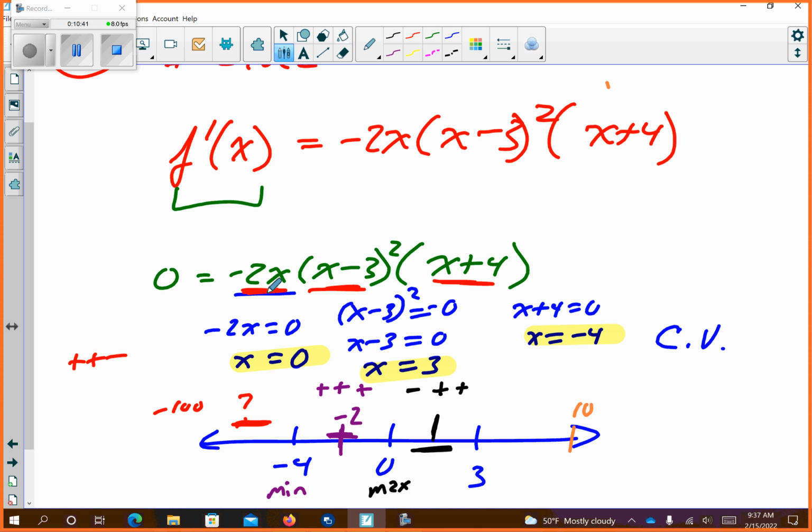So negative 2 times positive 10 is negative. 10 minus 3 is 7. 7 squared is a positive number. 10 plus 4 is a positive number. So negative times positive is a negative. What can you tell me about 3? It's the point of inflection.